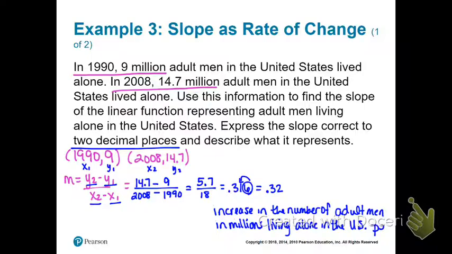We're always going to use the word per, and remember my x's were the years, so it's just going to be per year. Okay, there's my slope, and there's what it represents.